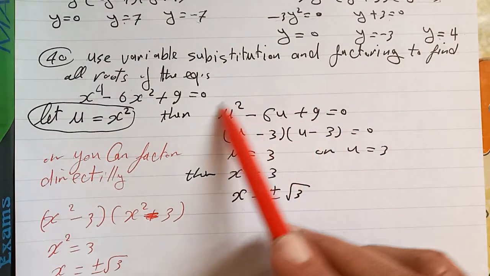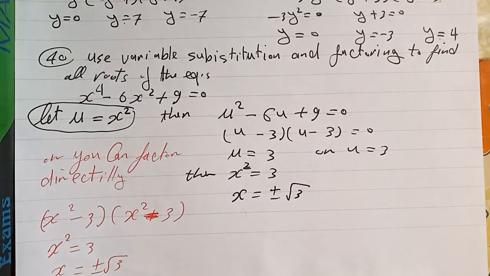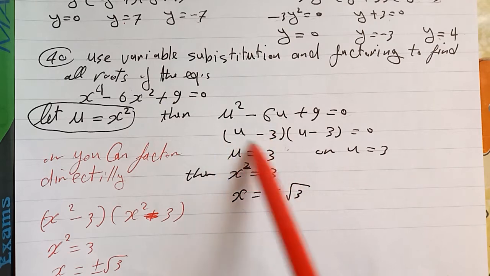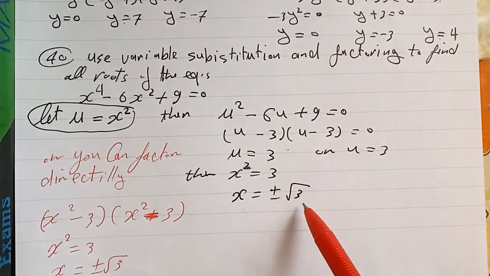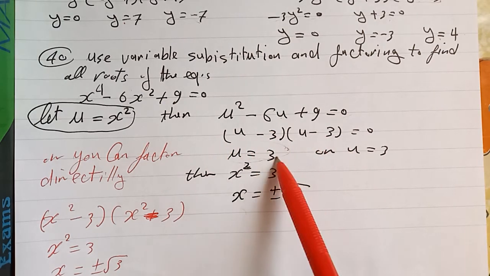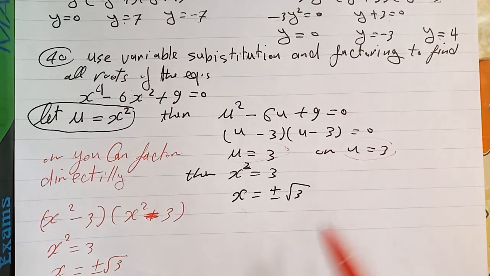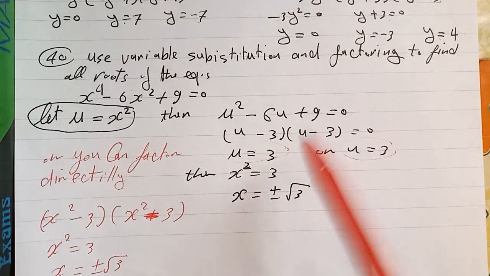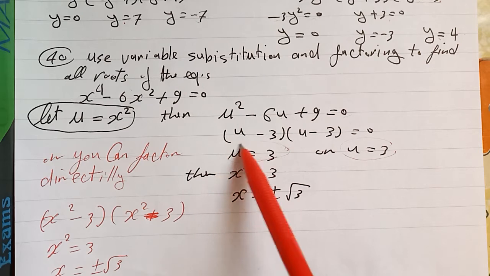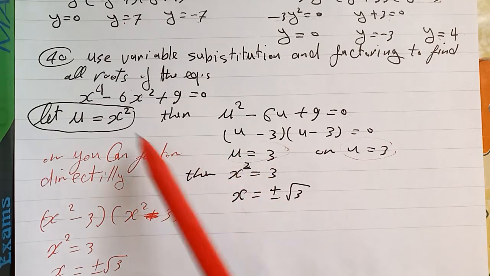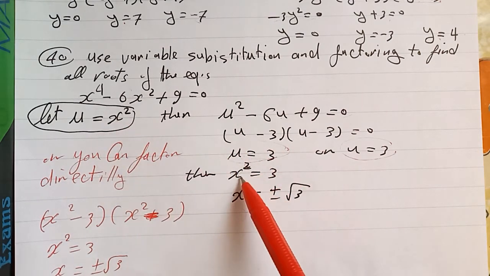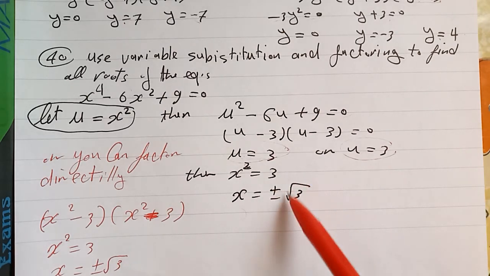Then it becomes a quadratic equation. Solve this quadratic equation by factorization, and then you'll have u equals 3 and u equals 3. Okay, substitute u by x squared as we considered from the beginning. So x squared equals 3, so x equals positive or negative square root of 3.